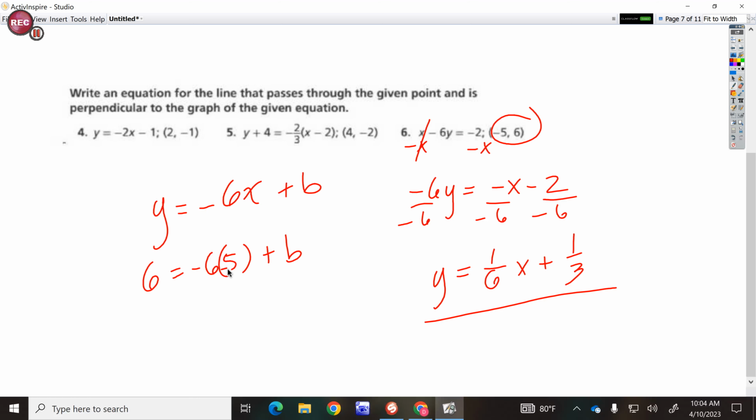So now we solve. What's negative 6 times negative 5? Positive 30. Please stop getting that wrong. That's easy. A negative times a negative is a positive since 3rd grade. Let's remember that. Minus 30, minus 30. That gives you b equals negative 24. So now my final equation: y equals negative 6x minus 24.